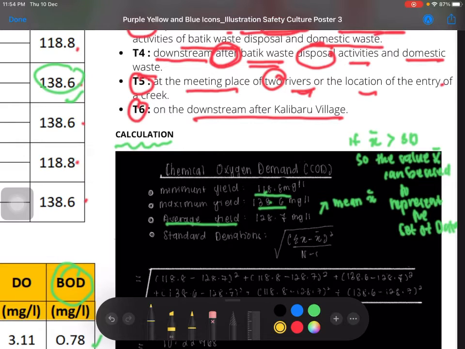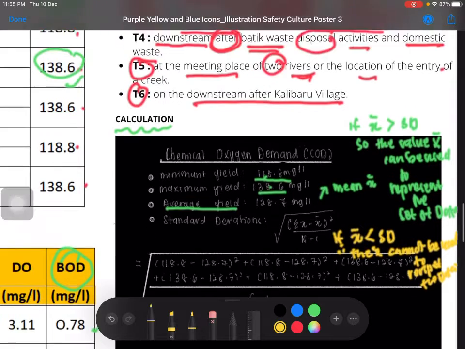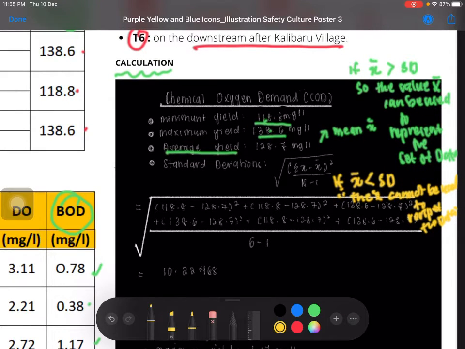But if x bar is slightly or less than the standard deviation you calculate from the data, therefore x bar cannot be used to represent the data. So it's actually not good. So you have to calculate the standard deviation, so you can know whether the average yield is good to represent a group of data or not.